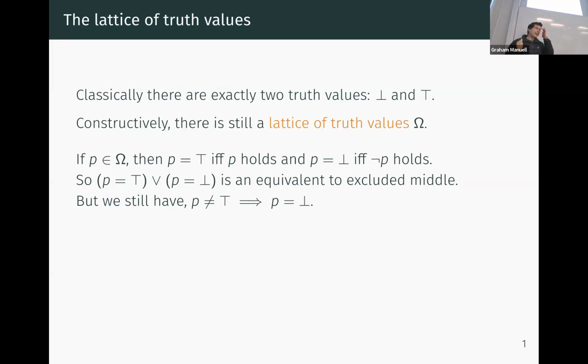In this universe, everything is interpreted in these terms. And when you reason internally, you don't want to reason as if you're talking about opens of a topological space. You just want to reason using logic in a more familiar way. That's kind of the point of doing this constructively.